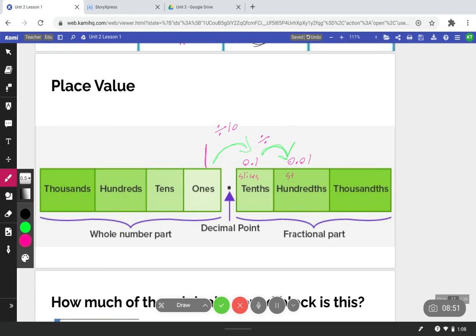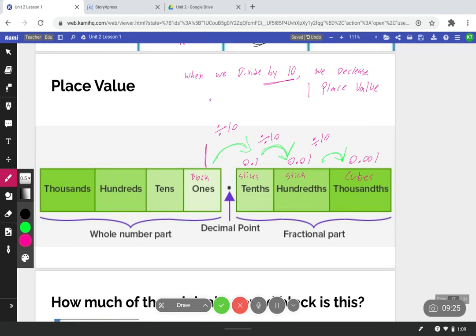Slices, sticks. We started off with a block. Well, I divided by 10 again, and I decreased my place value. And I ended up with cubes. I ended up with 1,000 cubes, 1,000ths. So when we divide, we decrease our place value. So when we divide by 10, we decrease 1 place value.